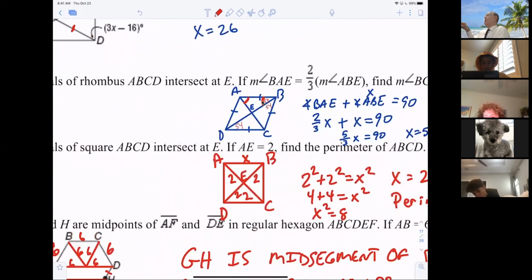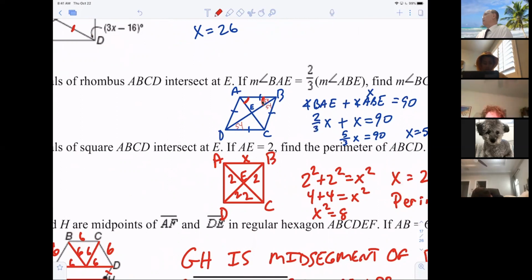Now, listen, the other thing I try to tell kids is we're talking about angles, so we're not talking about sides. When I ask you about the diagonals of a rhombus, we want to mention something about the angles because we're talking about the angles. Why am I telling you that? Because when you take the test, that's what you have to realize. Does everybody agree I'm talking about angles?